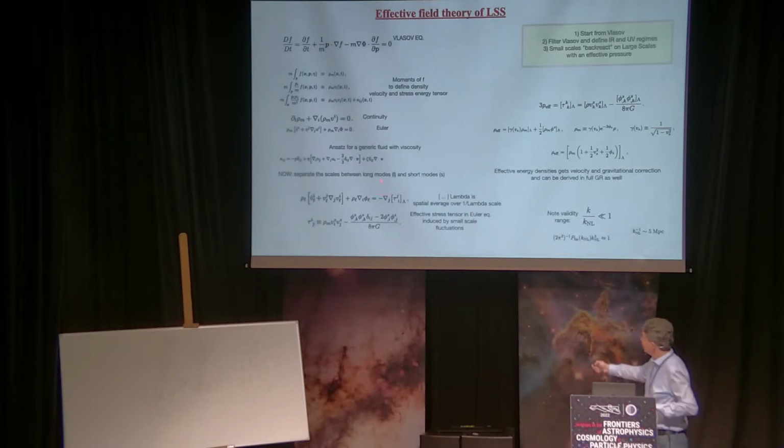And indeed, it's what also comes from the equation, in the sense that if you work these things out this way, you can write an effective stress-energy tensor, in which these S terms refer to small scale quantities, and you plug this in, and this basically back reacts on the fluid at large scales as if you had a fluid with an effective pressure, which can be written like this.